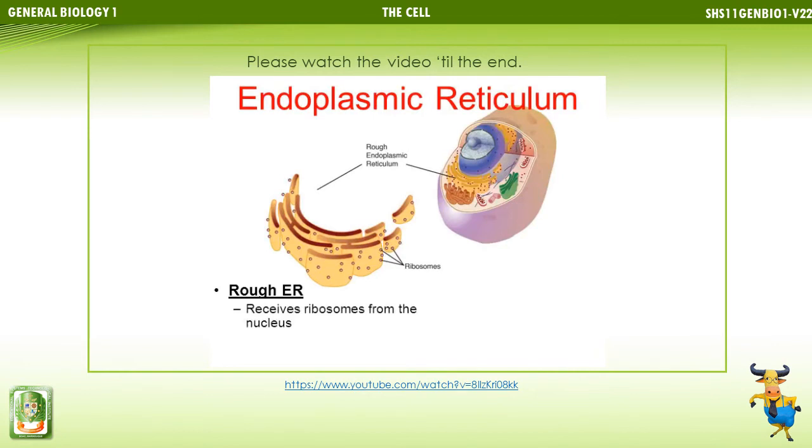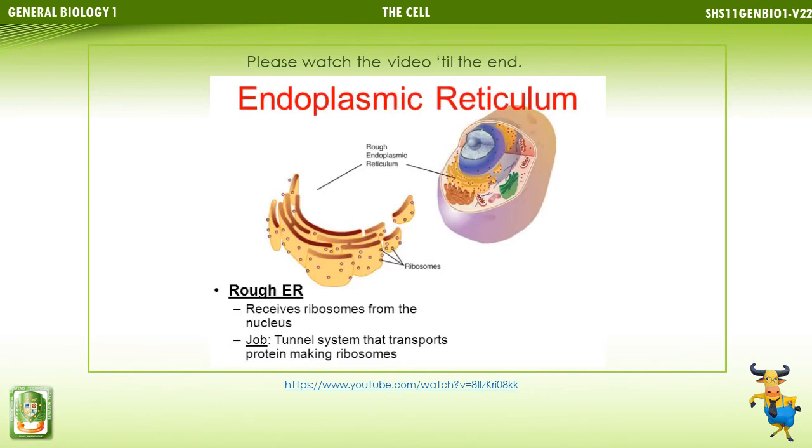So we mentioned a moment ago that the nucleolus makes ribosomes. The ribosomes then exit the nucleus and travel along this tunnel system known as the rough ER. And that's kind of the job of the rough ER, is to receive the ribosomes and transport and carry around the ribosomes from one part of the cell to another.